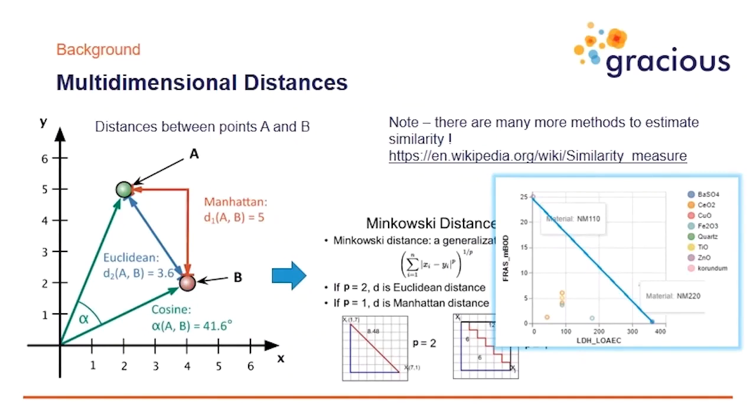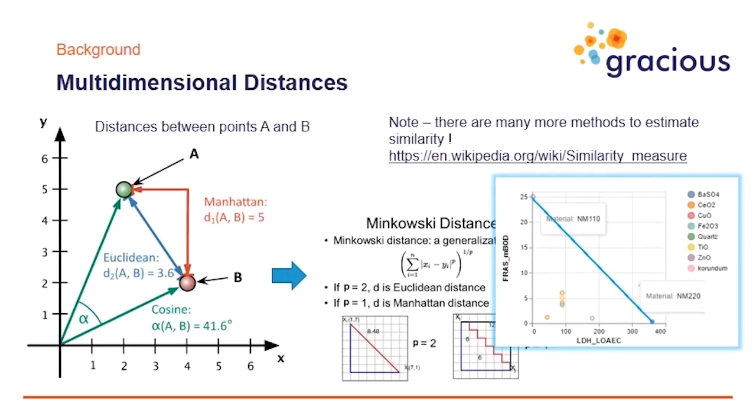Here is an illustration of different distances between points A and B, defined on the plane with descriptors x and y. The length of the blue straight line is the Euclidean distance. The red line defines another distance, which is known as Manhattan distance.